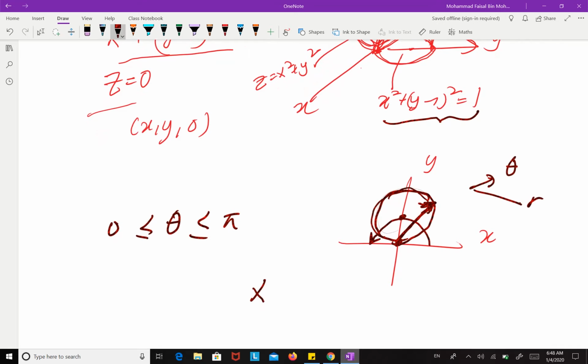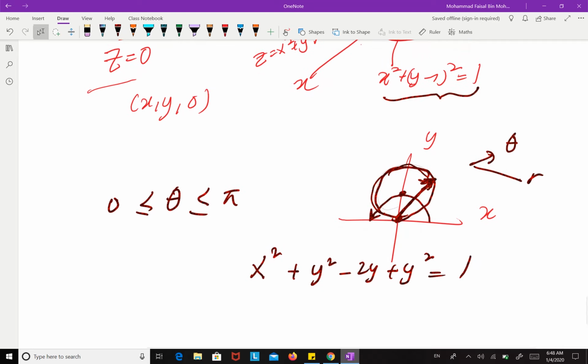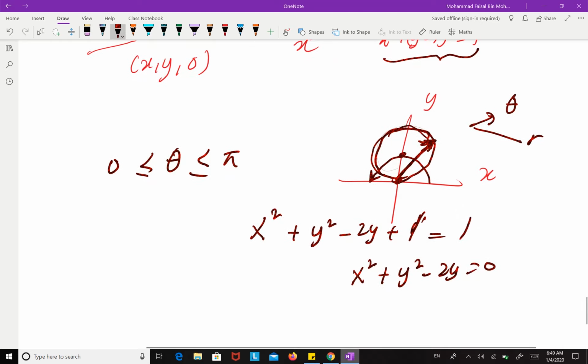Let's see, x squared plus y squared minus 2y plus 1 equals 1, then 1 minus 1 is 0, so x squared plus y squared minus 2y equals 0. This is r squared equals 2y.